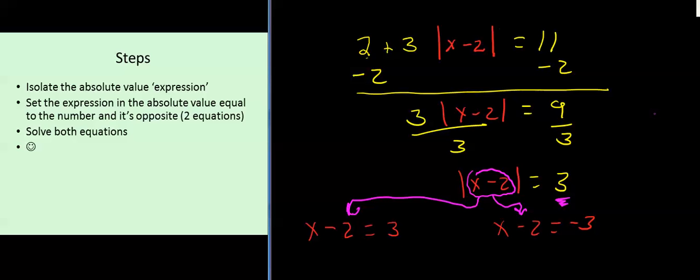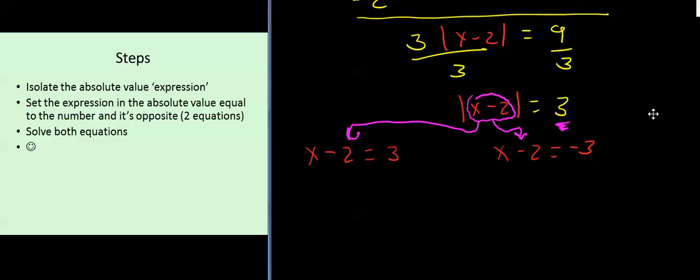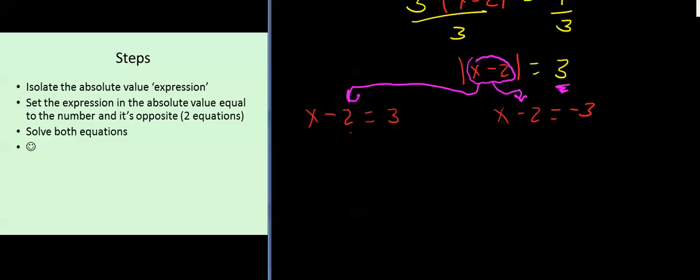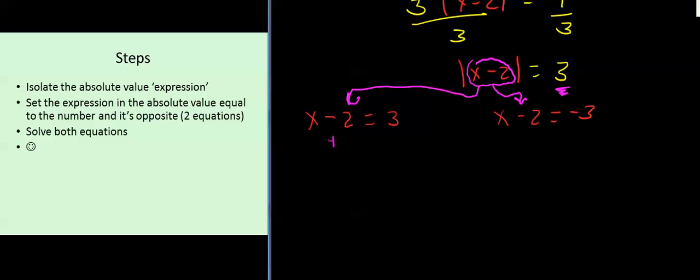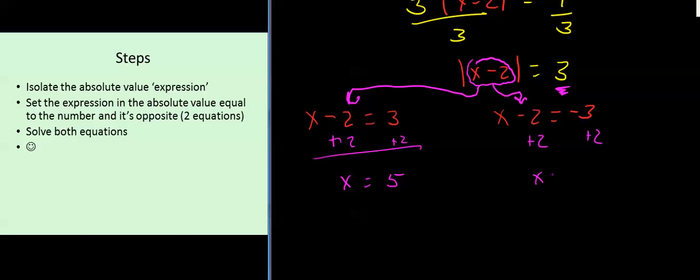I then solve. Plus 2 to both sides. x is equal to 5. Plus 2 to both sides. x is equal to -1. My answer, 5 and -1. Two solutions.